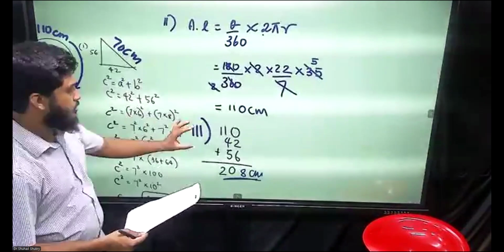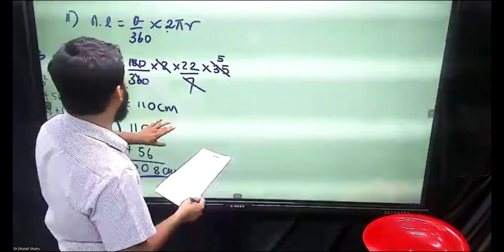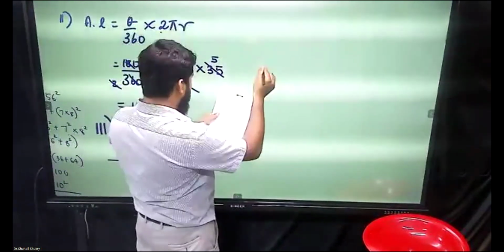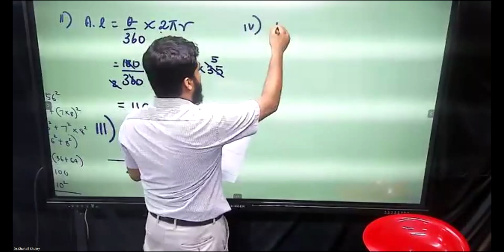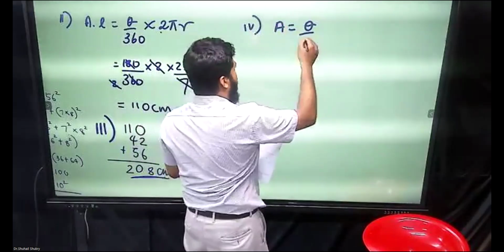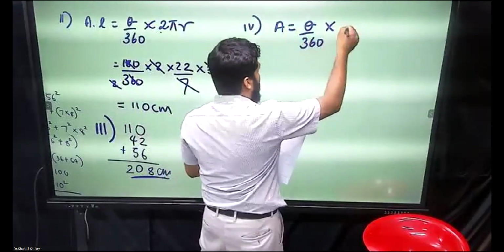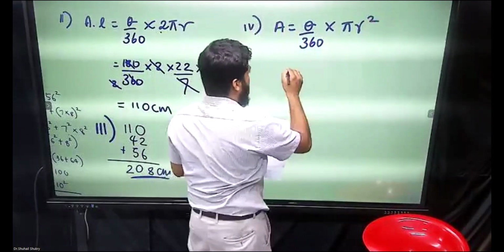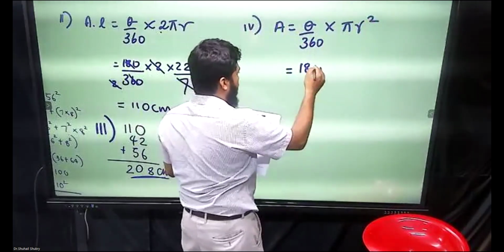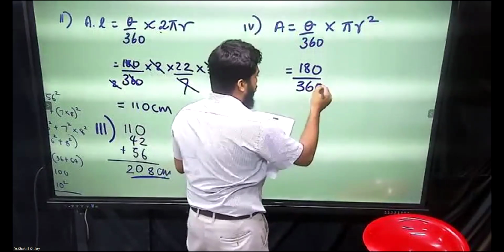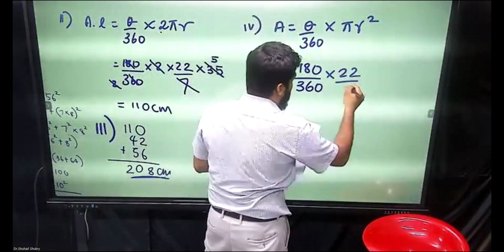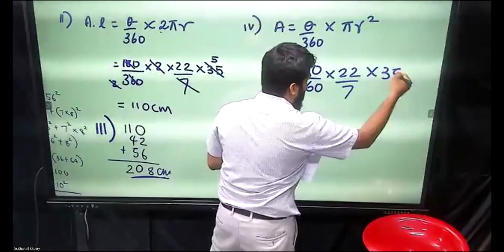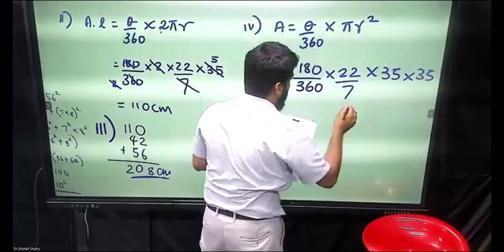Fourth one, find the area of the semicircle. See, they will ask such questions in the exam. Very simple. Area of the semicircle A equals theta over 360 into pi r squared. Theta is how much? 180 over 360. For pi, we write 22 over 7. Radius 35 two times. So, simplify this.